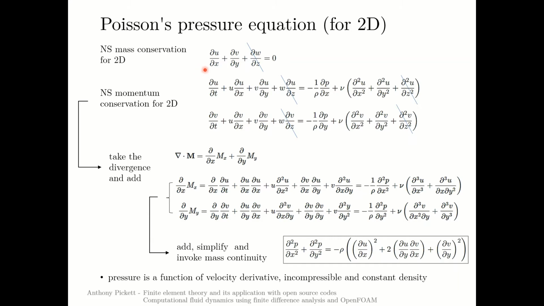One problem, however, is that we have here three unknowns. We've got the unknowns of U, V, and density appears in here, but we don't have pressure anywhere in these equations.